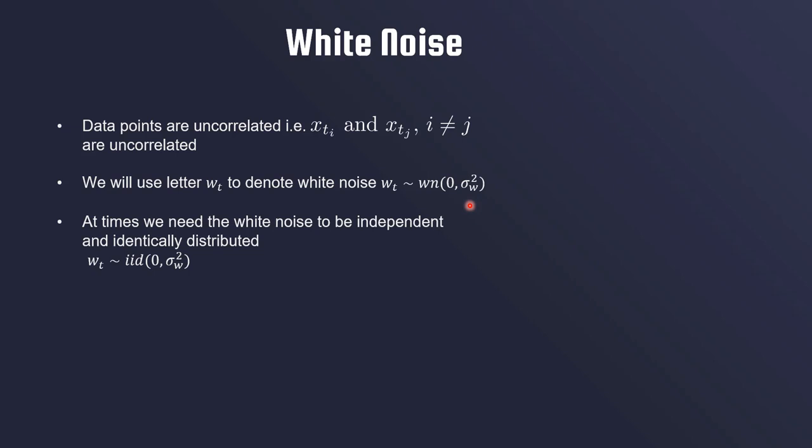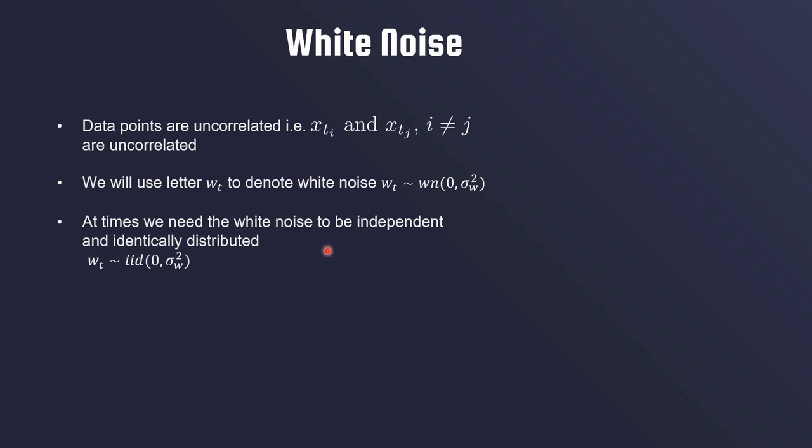At times, we will require the white noise to be independent and identically distributed. If that is the case, we will use the letters IID. So W_t follows IID, meaning it's independently and identically distributed, with mean 0 and variance sigma squared W. This is a stronger assumption than the points being uncorrelated.